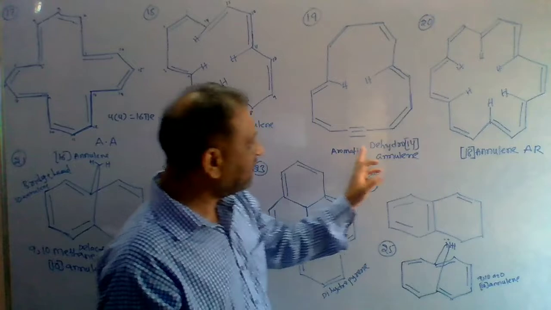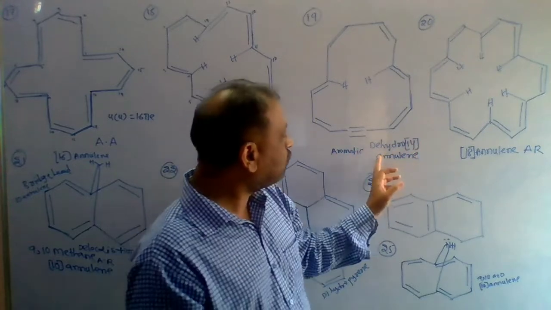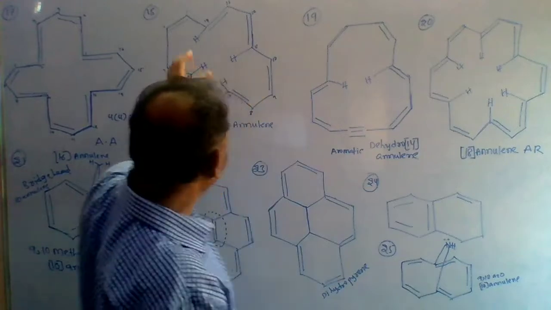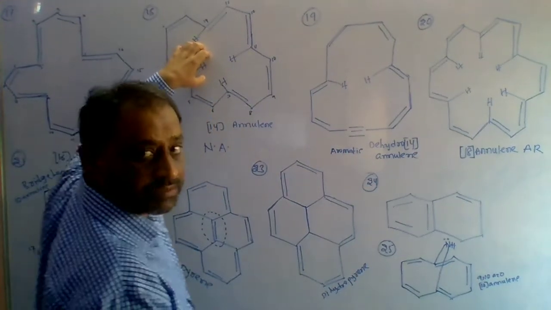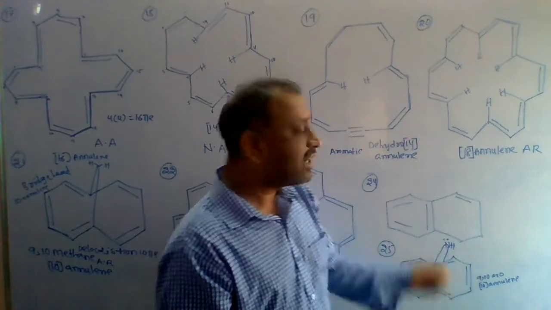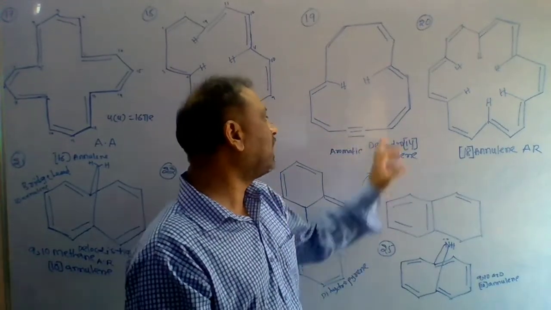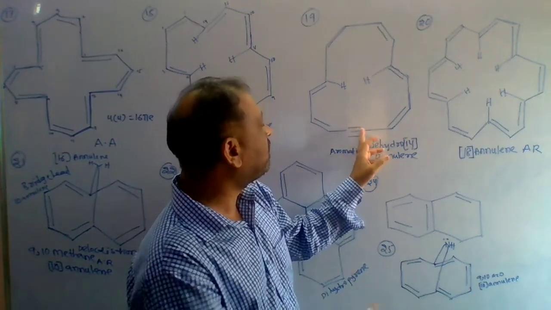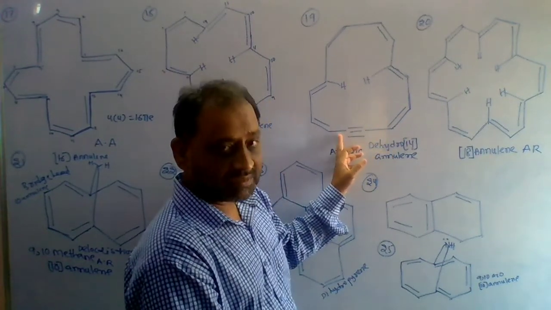And next one is the dihydro-14 annulene. Here, out of 4 internal hydrogen atoms, 2 hydrogen atoms are removed. The removal of 2 hydrogen atoms leads to the formation of a pi bond between the 2 carbon atoms.